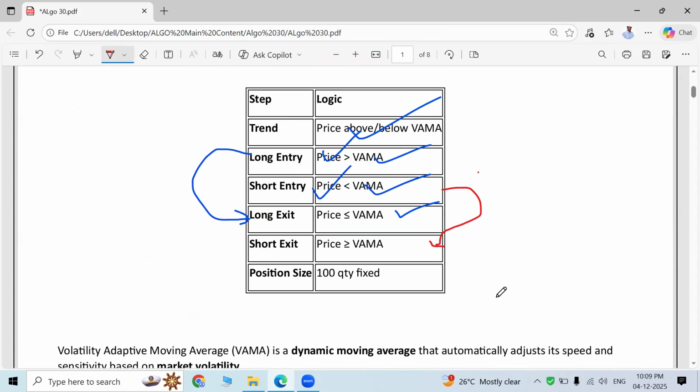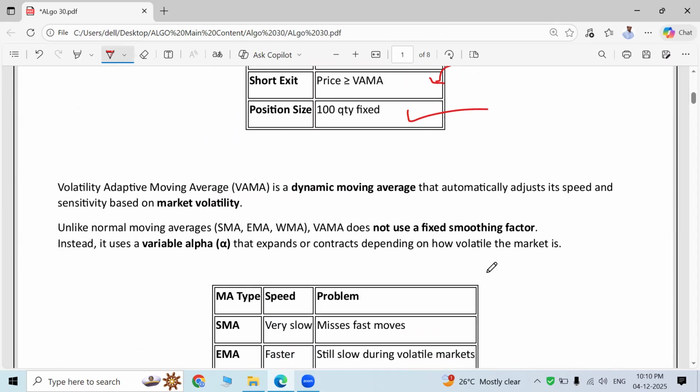So that is the logic behind it. We are going to trade with a fixed size of 100 quantity. So it's a dynamic moving average, continuously adjusting as per the market volatility. It basically switches from the faster moving average to the slower moving average, and from slower to faster.